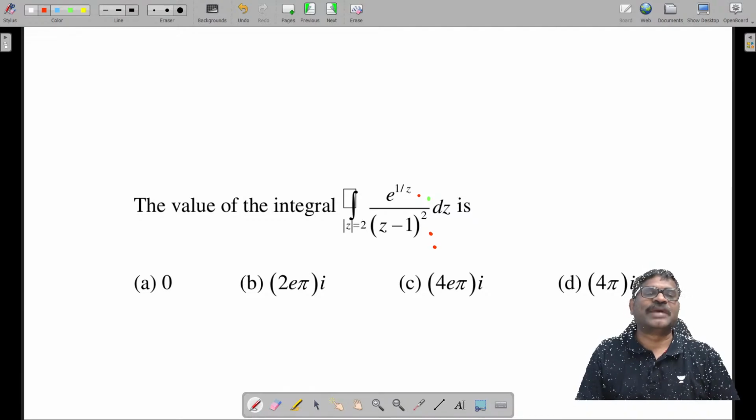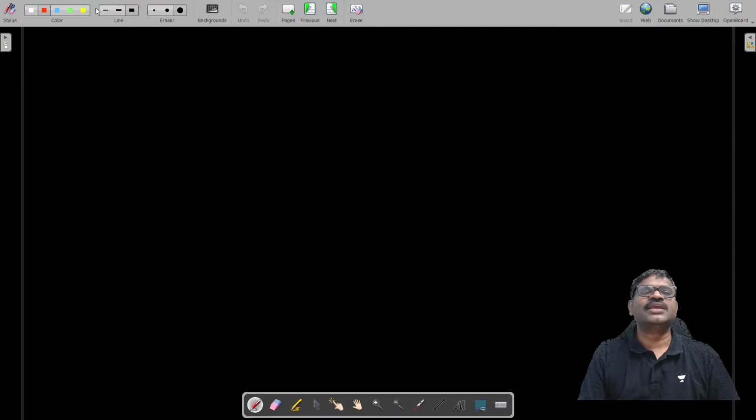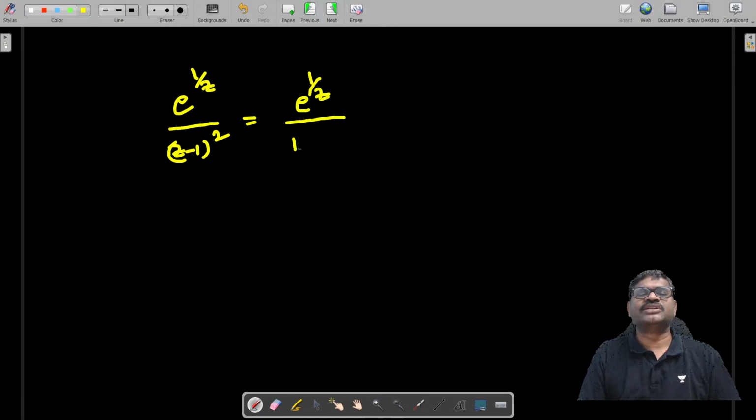You use the expansion method. e power 1 by z divided by (z minus 1) whole square can be written as e power 1 by z by (1 minus z) whole square.